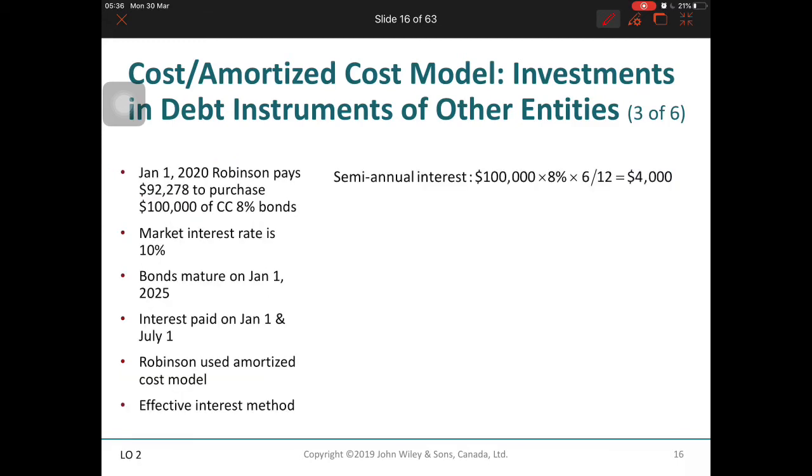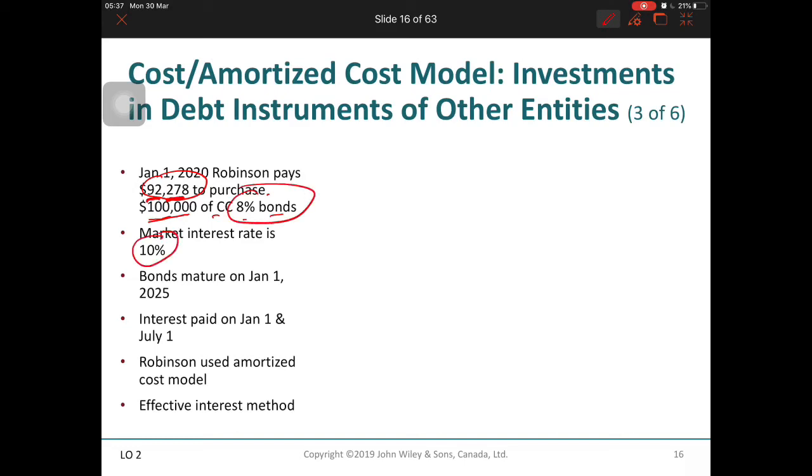Let's see this example. January 1st, 2020, Robinson pays $92,278 to purchase $100,000 of CC 8% bonds. The bonds are 100,000, but you need to pay only this much. The bond rate is 8%, but the market rate is 10%.